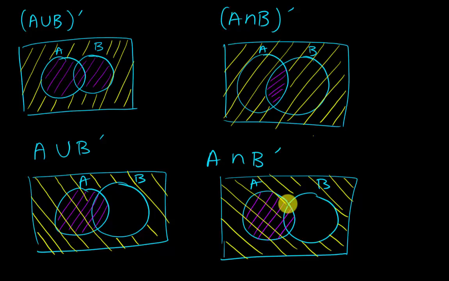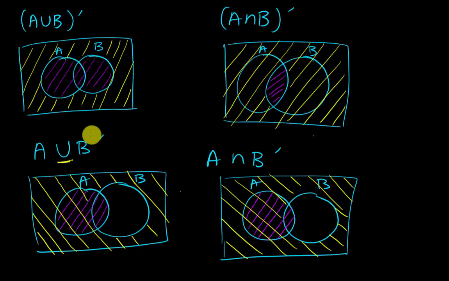What is the difference between them? If this is union, whenever it has one color or two colors, all are included, so you only have this part which is empty. You have to shade everything.